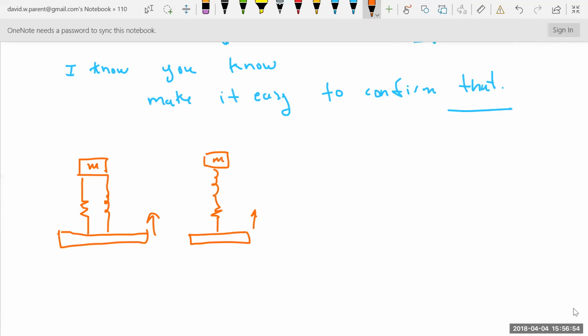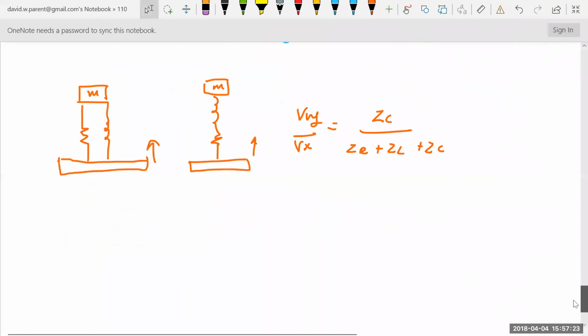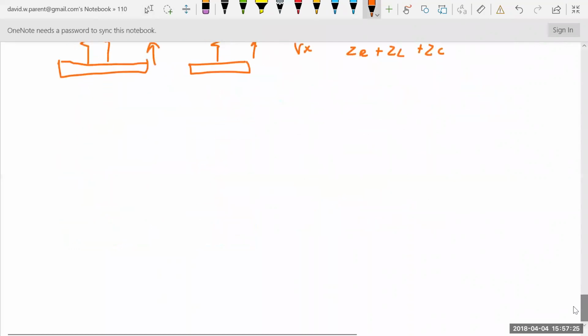This turns out to be the series combination. All right. And really, Vx over Vy would just be Zc over Zr plus Zl plus Zc. And I'll leave you to finish that off. All right. So these are two combinations. Now there's a few other combinations.